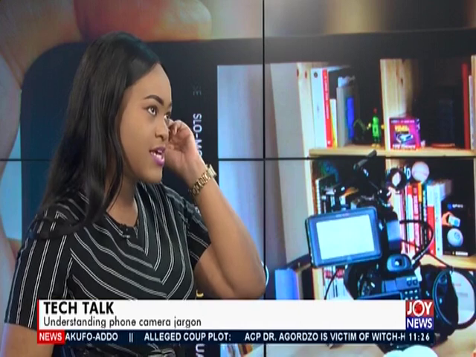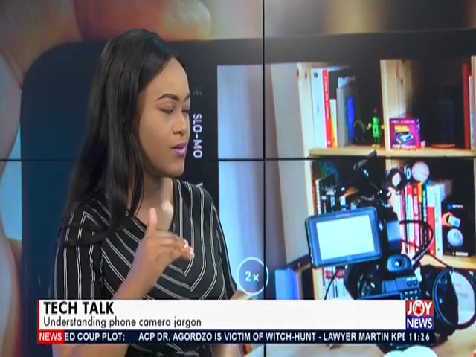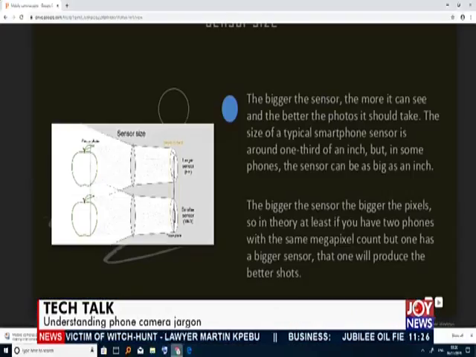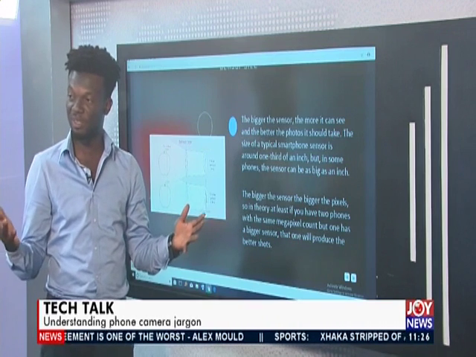The bigger the sensor, the bigger the pixels. So in theory, if you have 2 phones with the same megapixel count and one has a bigger sensor, that one will produce better shots.